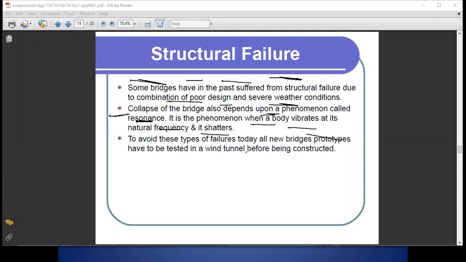So in the past, if you search, maximum suspension bridges, for example the Tacoma Bridge, collapsed due to heavy wind pressure, right? So nowadays, whatever the bridge prototype or model is there, that is tested in the lab under wind pressure, in a wind tunnel, before being constructed.